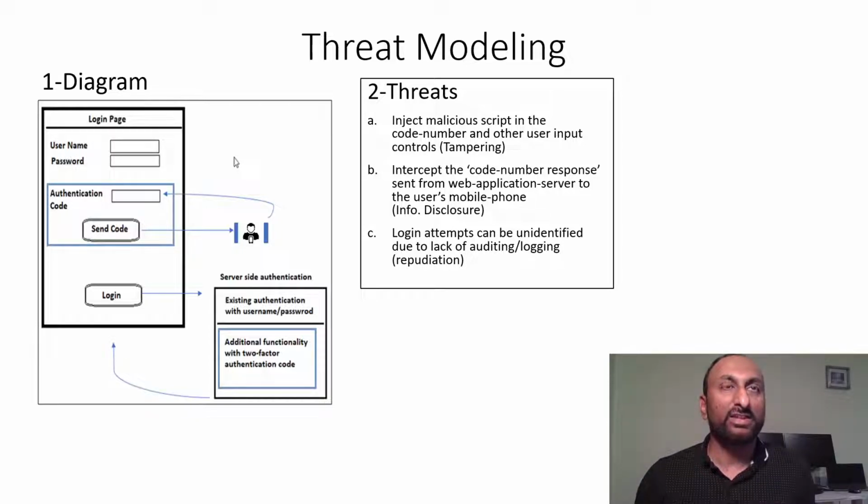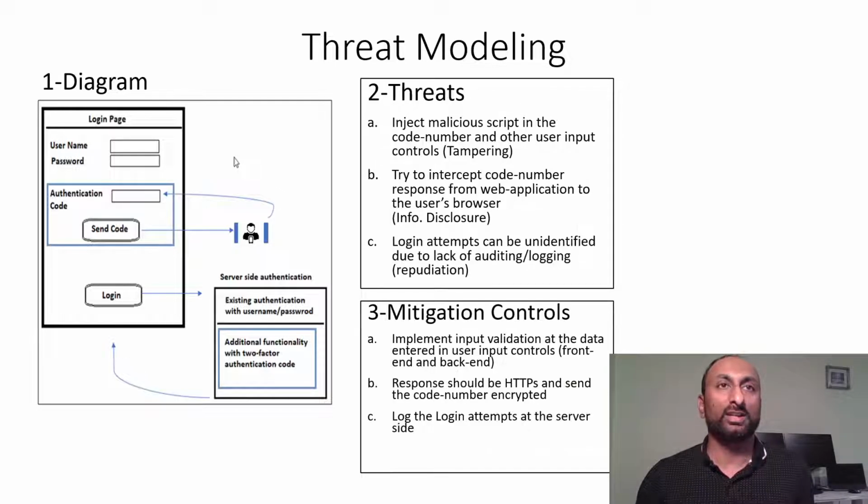So once we have identified some threats, the next phase of the threat modeling lifecycle is to find out and implement the mitigation controls. So the corresponding mitigation controls should be implemented. Input validation at each user input control on the login page, so that we can validate that malicious script should not be entered.